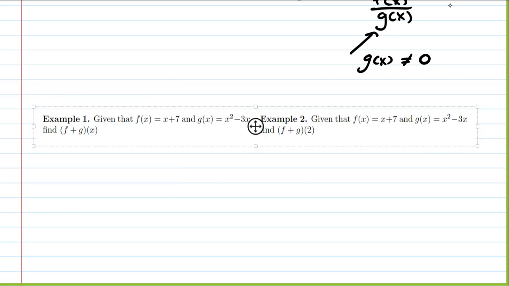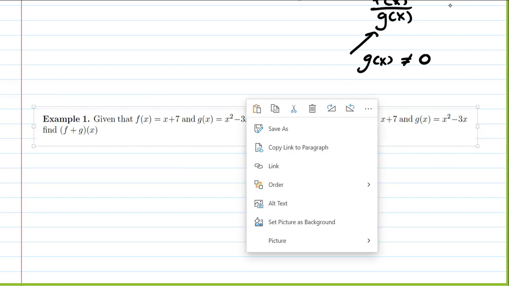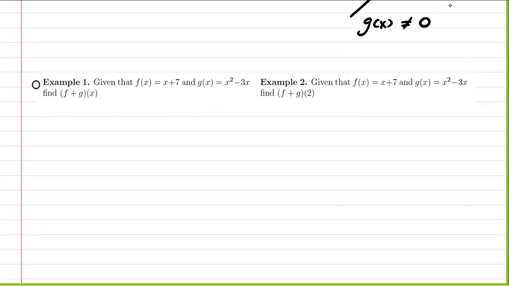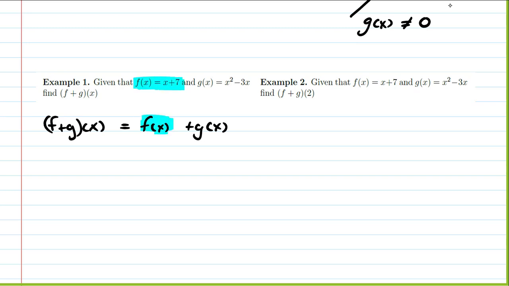So we wish to find f plus g of x given f of x is x plus 7 and g of x is x squared minus 3x. By our definition, f plus g of x is going to be the same as f of x plus g of x. And then we are given explicitly what each of these functions are.